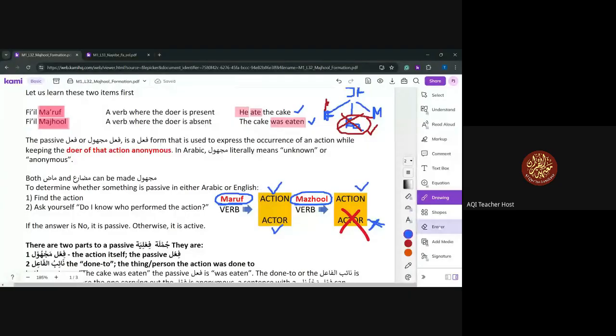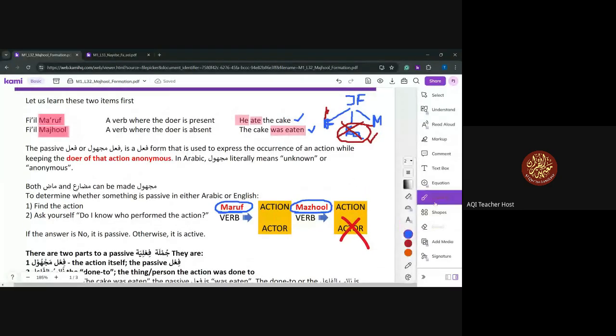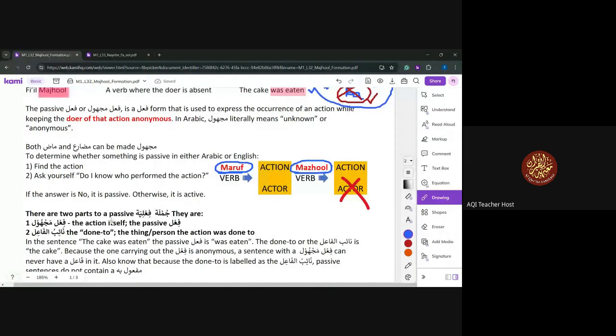Now let's see some of the components of the sentences. Remember, in normal jumlatul fi'liya sentences, we will have fi'l, fa'il, and maf'ul. But what happens when this jumlatul fi'liya sentence is in its passive form? There are only two components.